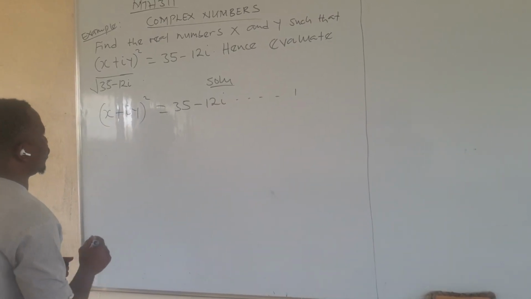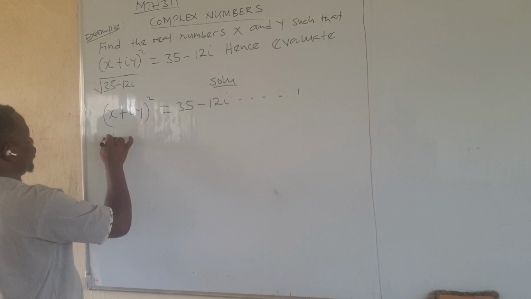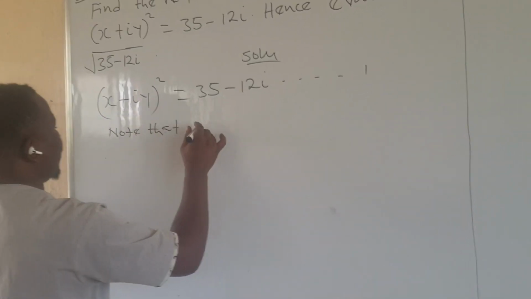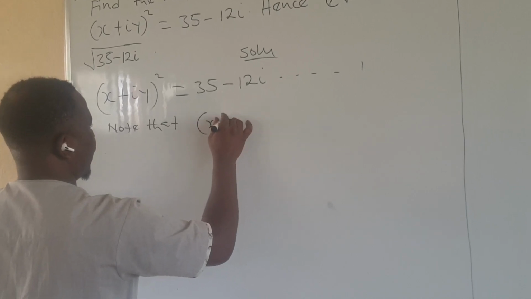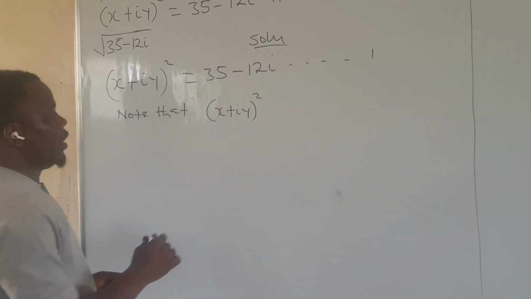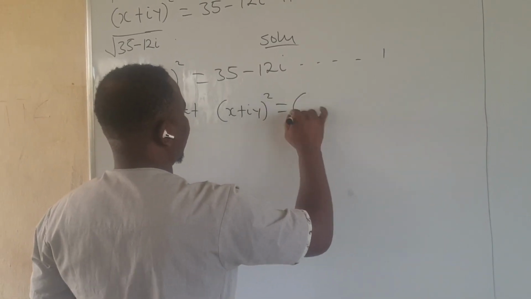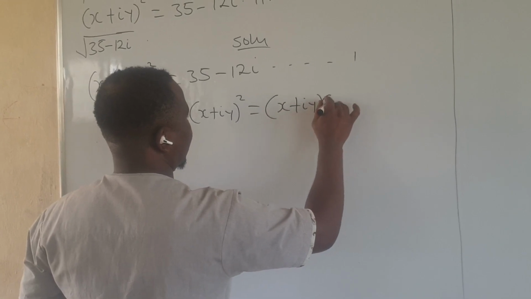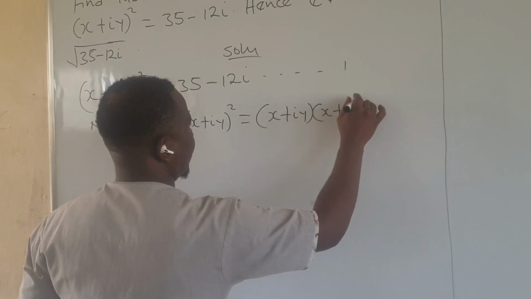Let's write. Note that (x plus iy) squared is the same thing as (x plus iy) times (x plus iy).